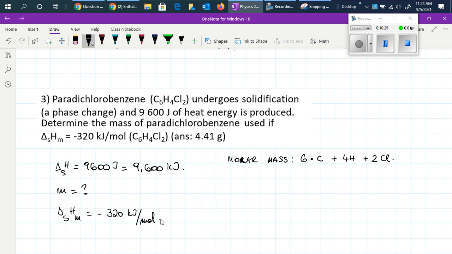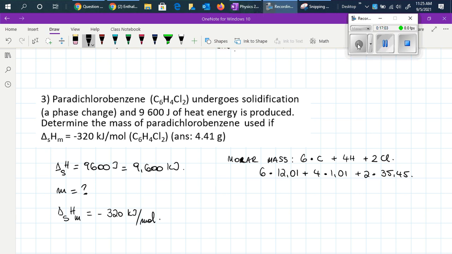Then we go to pages 1 and 2 of your data booklet and see that we have 6 times 12.01 for carbon, 4 times 1.01 for hydrogen, and 2 times 35.45 for chlorine. So let's find the molar mass of paradichlorobenzene and then complete the steps.